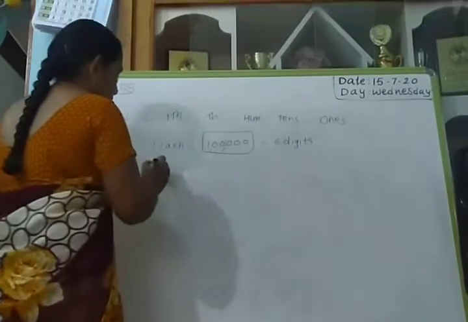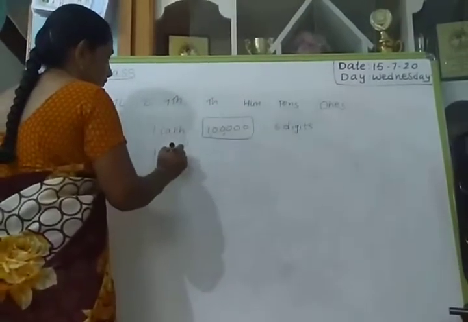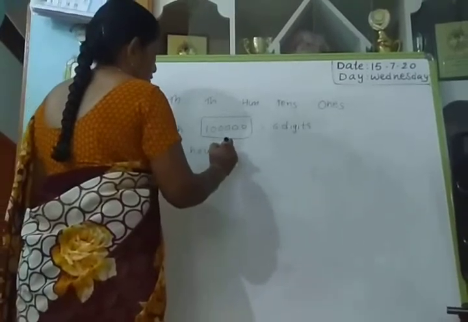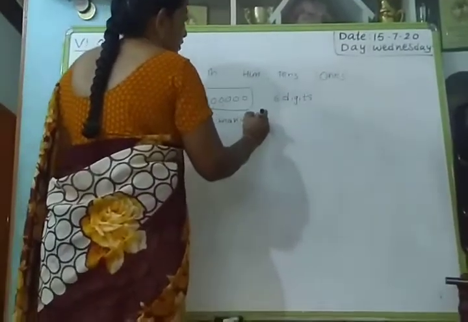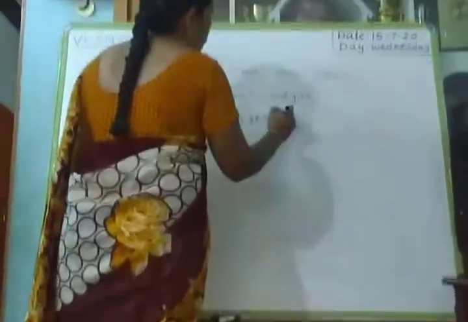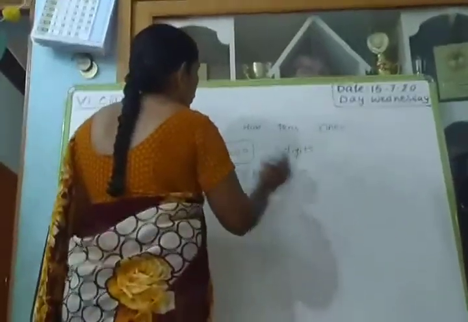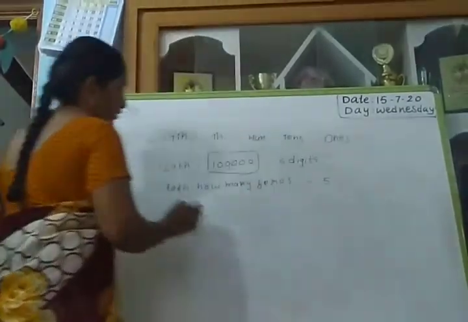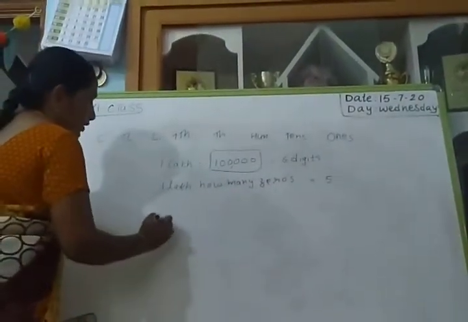Sometimes they will ask in 1 lakh how many zeros are there. Digits means we have to count the 1 along with the zeros. Zeros means we count only the zeros. How many zeros are there? 5 zeros.